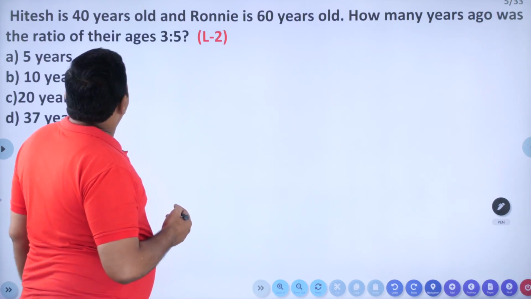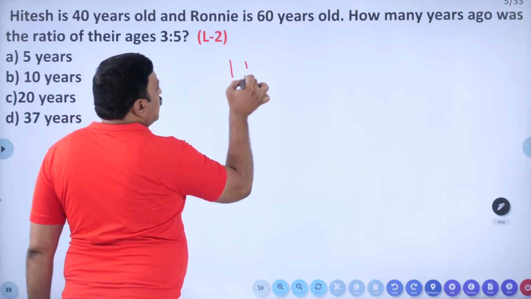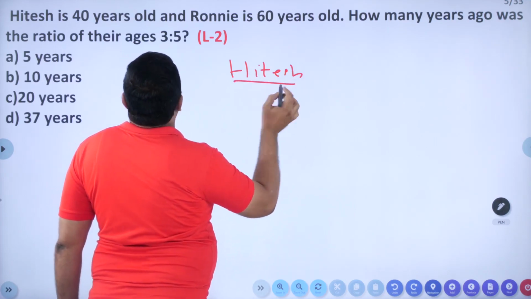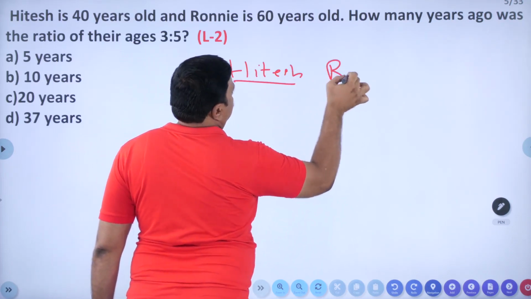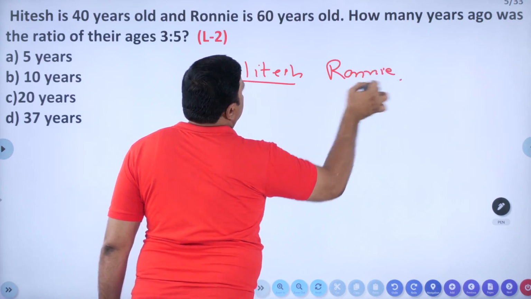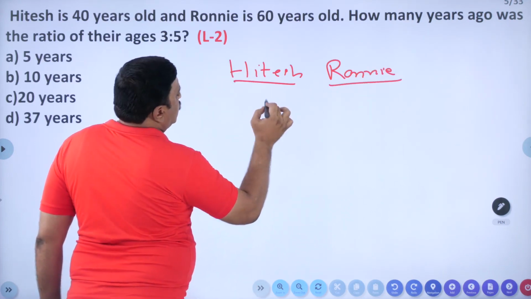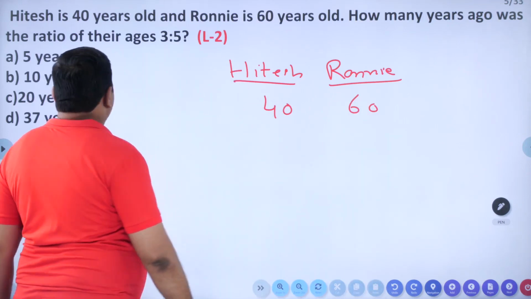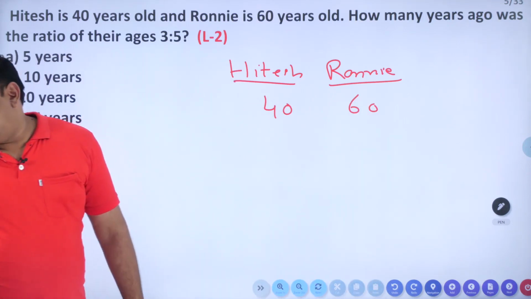Okay, here two persons are there. You try that one later. See the explanation. Hitesh and Roni. Hitesh is 40 years, Roni is 60. How many years ago was the ratio of the ages 3:5?